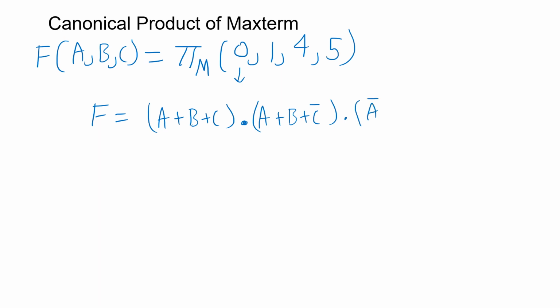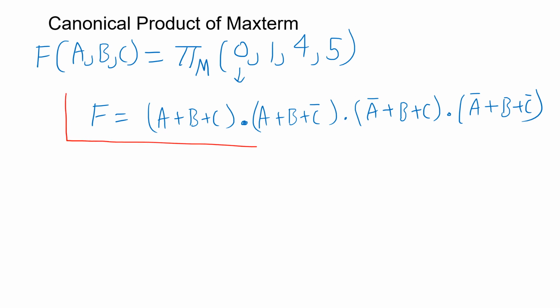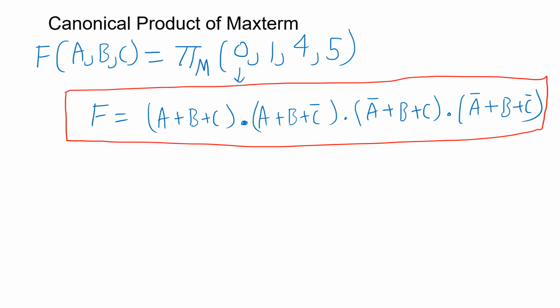Yes, it's A bar plus B plus C. Now what about 5? 5 is 1, 0, 1, so it will become A bar, yes, plus B plus C bar, right? So this is your canonical product of sum. Getting everyone? Cool, right?